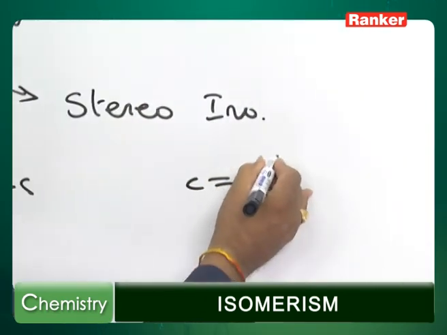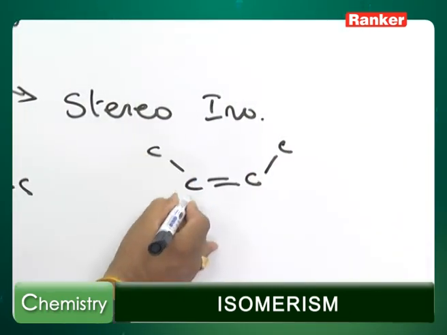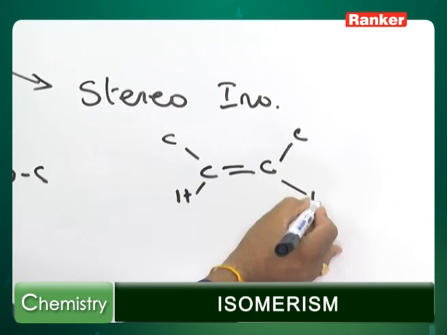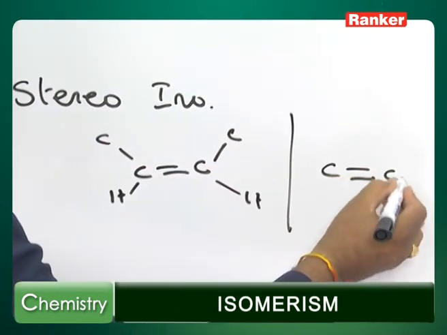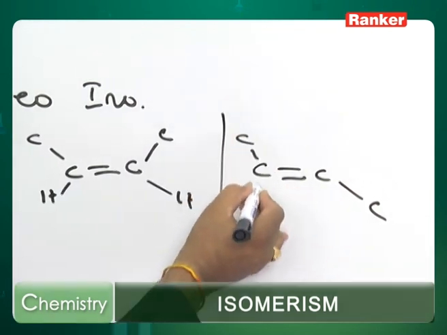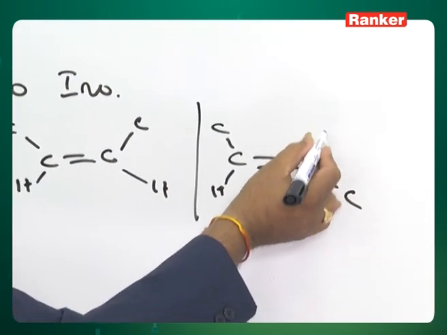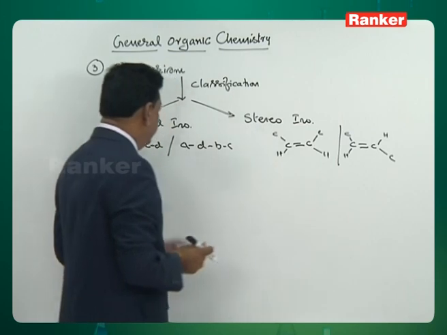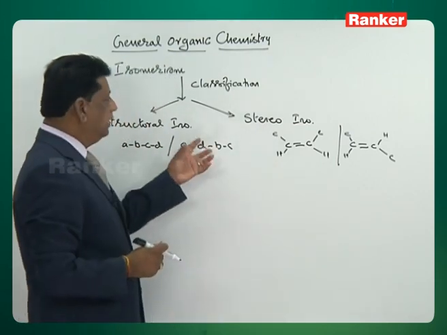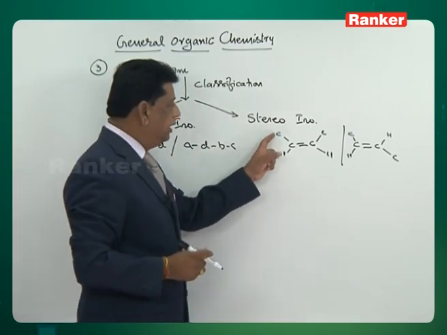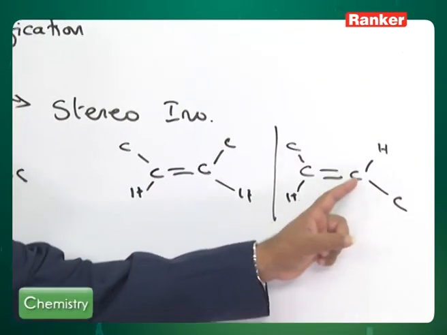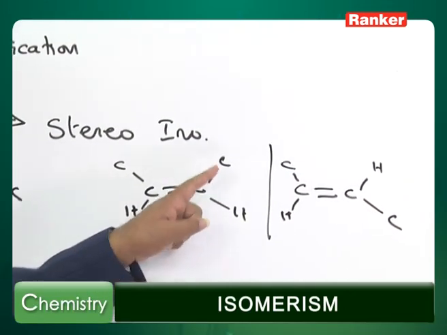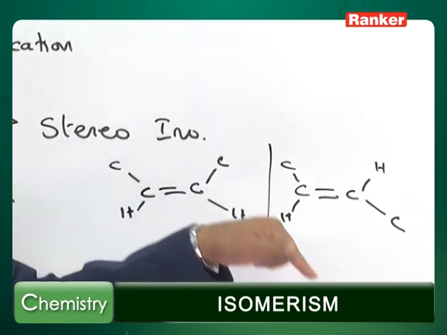For example, if you have two methyl groups on a double bond on the same side and another compound, two methyl groups are opposite. Now, do you have that jumbling of the groups in order, like that A, B, C, D order is reshuffled? Here the order is same, carbon, carbon, double bond, carbon, carbon. Only thing is that methyl group, instead of going up, it has come down.